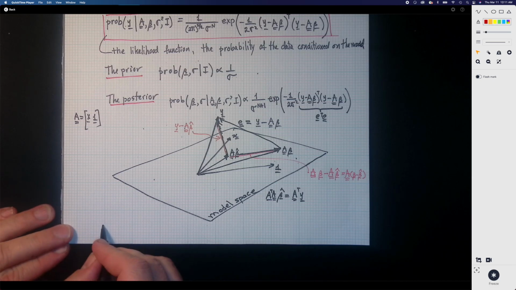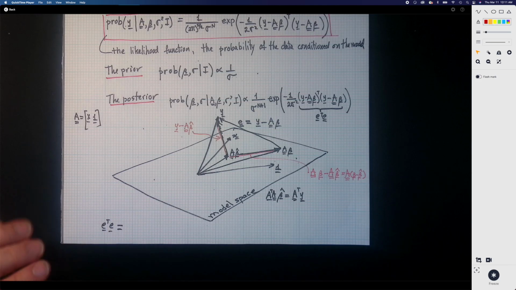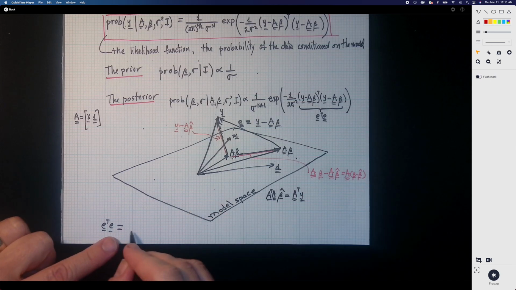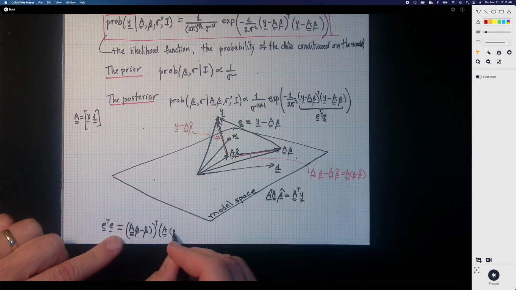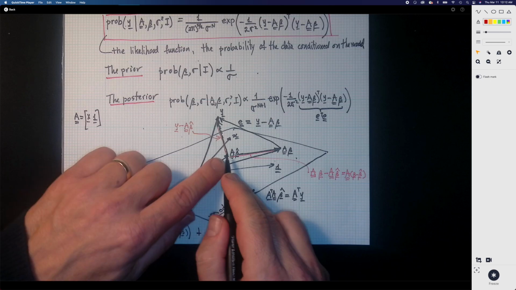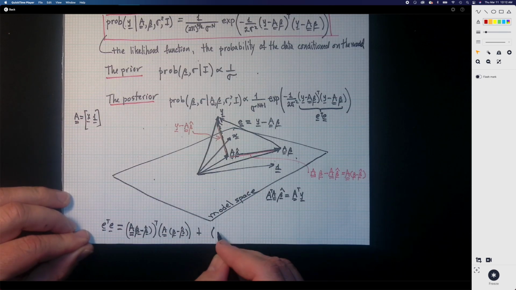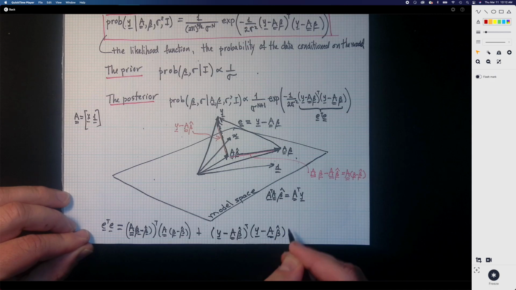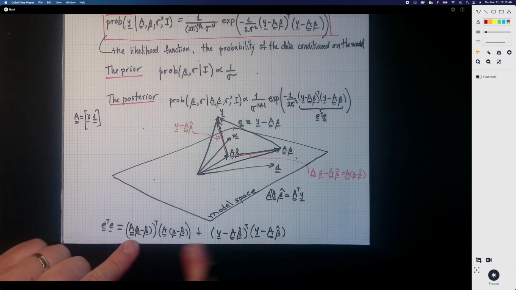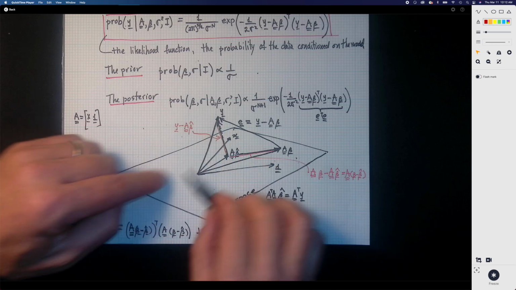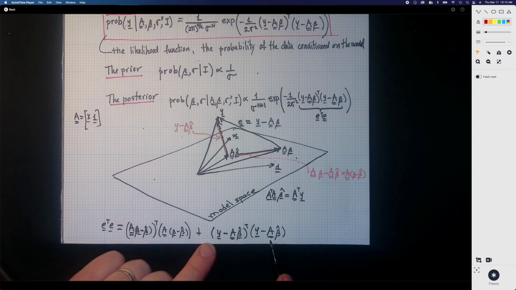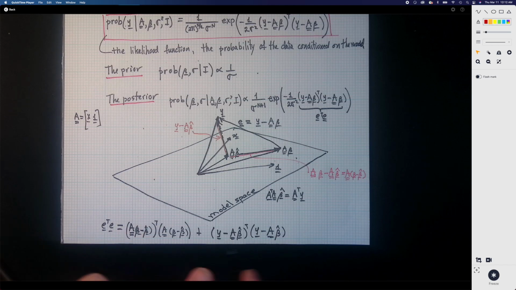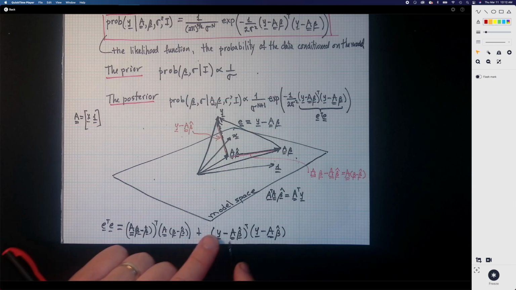So we can write E transpose E as the square of this quantity plus the square of this quantity. The reason there are no cross terms between these two is that this vector is perpendicular to the plane. So we get two nice squares, which don't involve betas on this side and y's on this side.